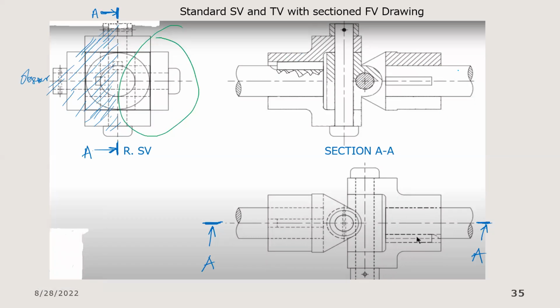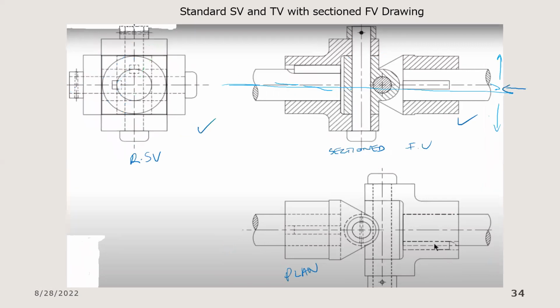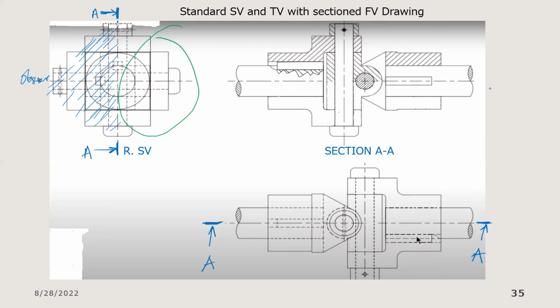That line of symmetry is offering us the advantage to exclude one of the sections, either above the symmetry line or below the symmetry line. So from here, where we can clearly see a symmetry line, this is what we are getting now. The hatched lines in the lower part of the sectioned front view have been excluded.